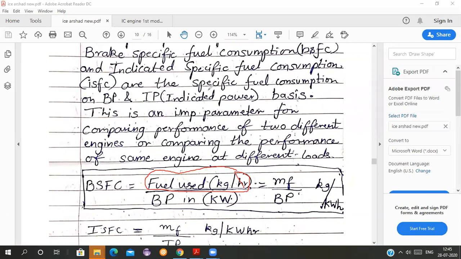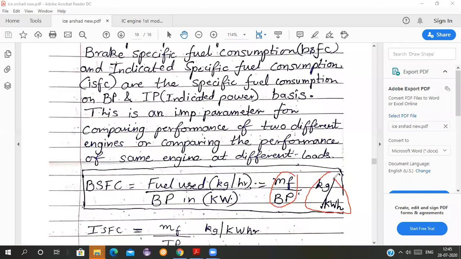We have to run the engine and see how much fuel is consumed in 1 hour. That will come in the numerator, and in the denominator you keep the brake power produced. So you will get brake specific fuel consumption as m dot f upon brake power. The unit will be kg per kilowatt hour.